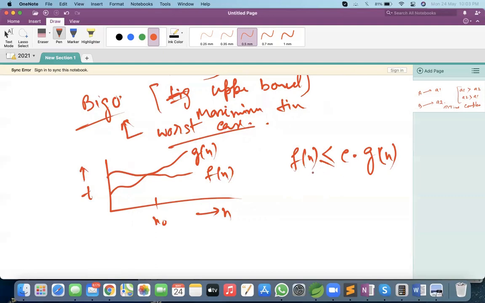That maximum this amount of time it will require. So f(n) will always be less than or equal to C multiplied by g(n). Okay, what is C? C is a constant which is a positive number. So this is the equation for big O.